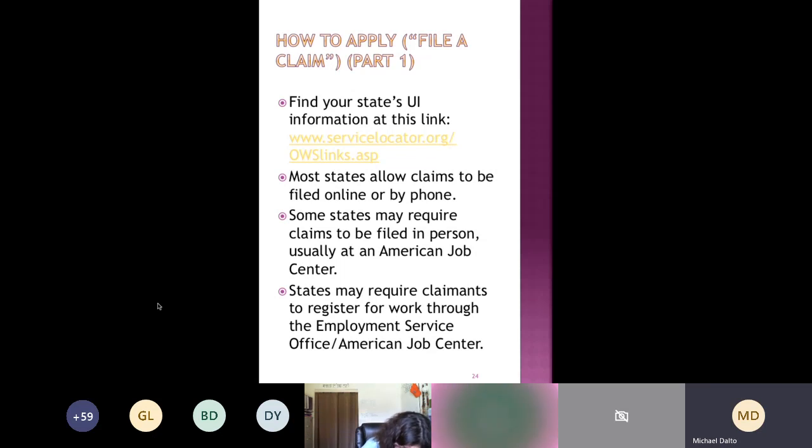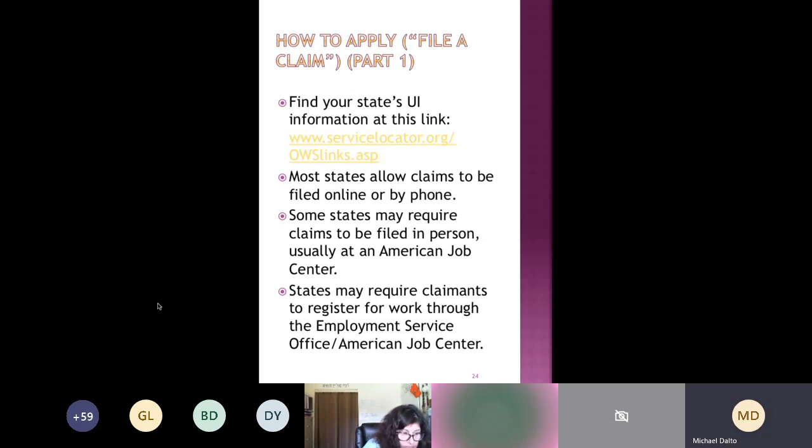Now, most states allow you to file a claim online or by phone. Word to the wise, right now, it's unwise to try to do anything by phone regarding unemployment insurance because the phone lines are just completely overwhelmed, probably in every state. Since so many millions of people are filing claims, it's best to file online.